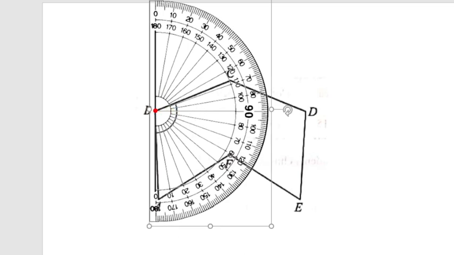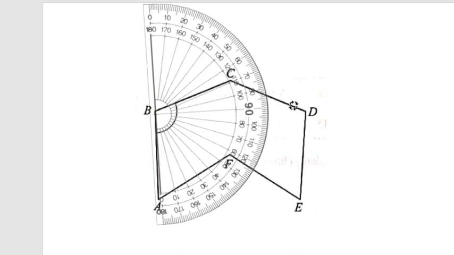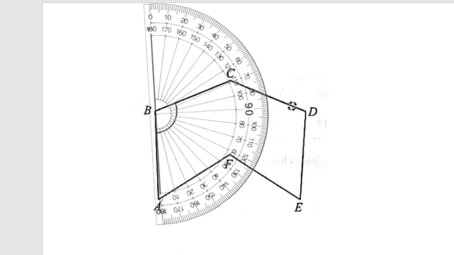You see now it's exactly on B, right? So maybe we rotate a bit more. Make sure you know how to place it exactly on the dot.